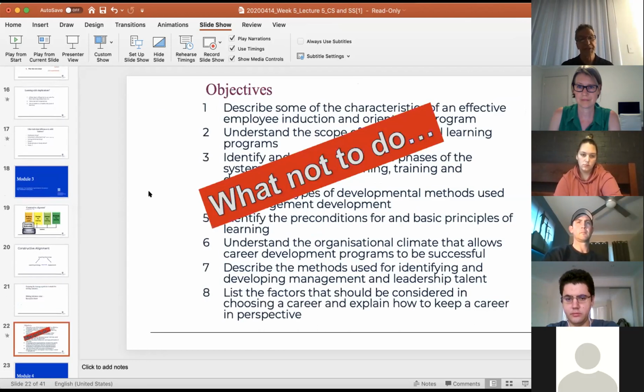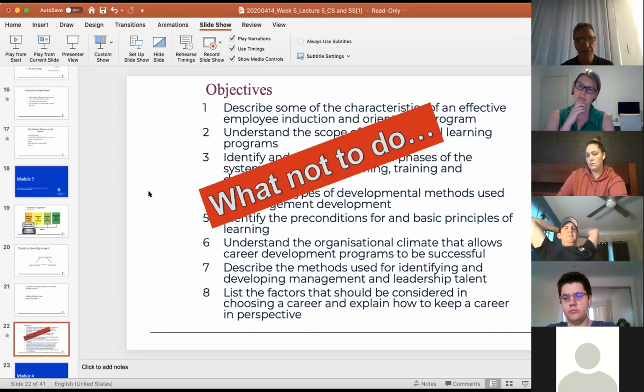And then this is what not to do. Don't have 8 fairly dense learning objectives for your little session. If you ever see a class or a subject with that many objectives looking like that, you could say that that's too crowded.